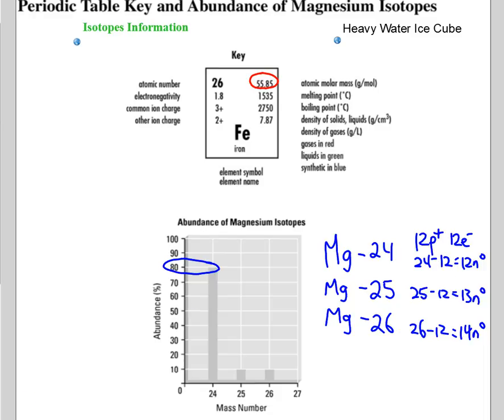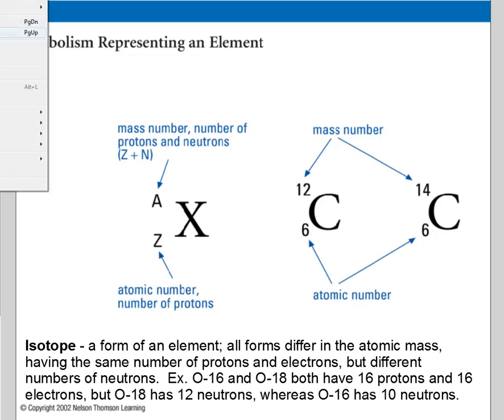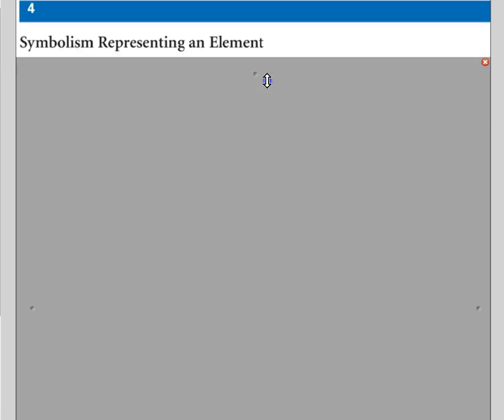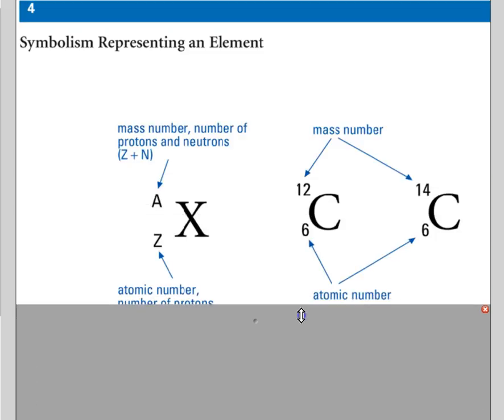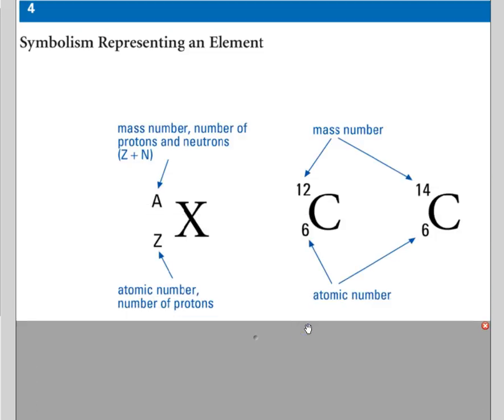Okay, now let's have a look at standard atomic notation. Standard atomic notation is a way that we represent elements, and some of the information we've already been talking about is represented in this form.